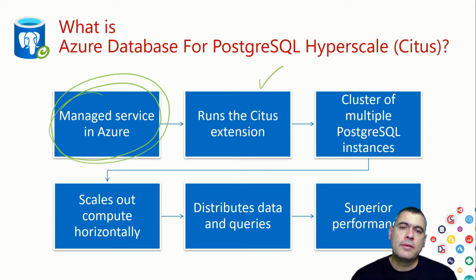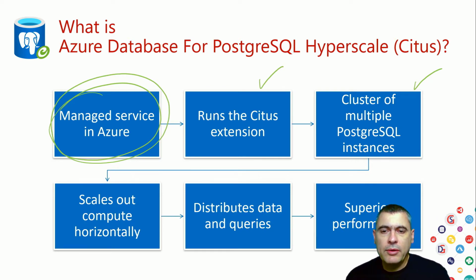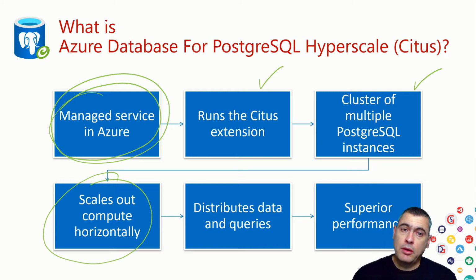What it does is it converts the single database, single instance Postgres into a cluster of multiple instances, which grouped logically form a cluster of multiple instances that we are using to scale out the Postgres database engine. So by doing that, we really scale out the compute horizontally, meaning that we not only expand the number of cores, but because those cores are hosted on different physical machines, right?